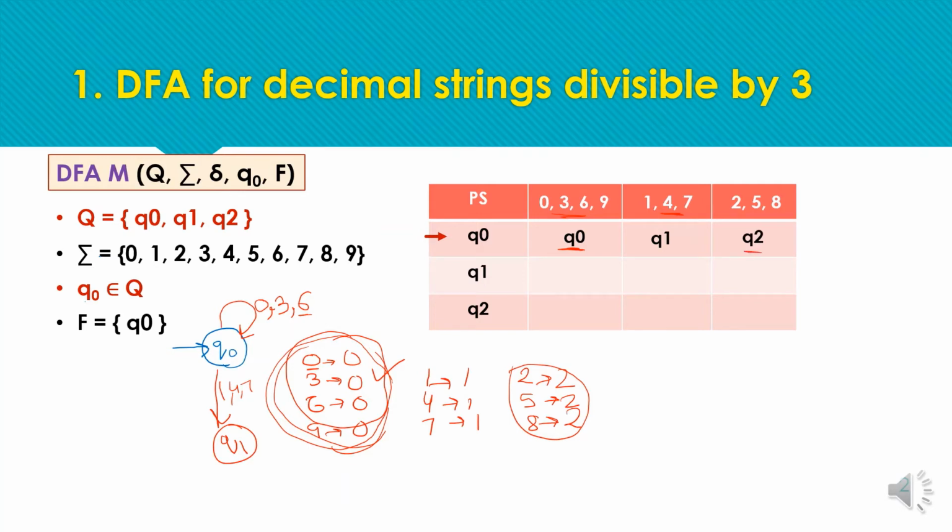We can mark the transition 2, 5 and 8 to state Q2. I hope this is clear to you. Now the state Q0 is complete. We can mark the state Q0 as complete. Now coming to state Q1, we have to complete it. Being on Q1 means we have 1 as the remainder.